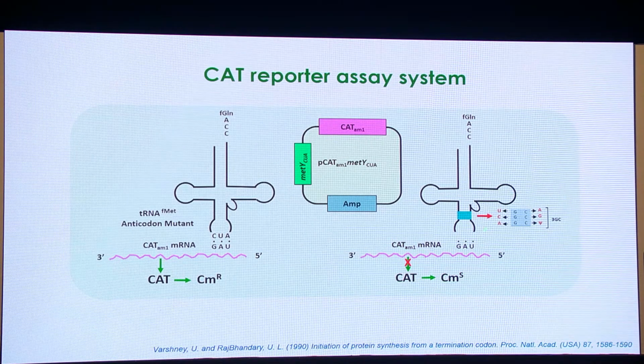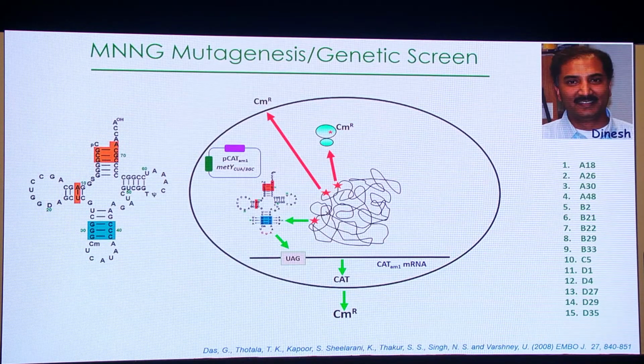We used the same assay system, and here, the CUA anticodon is there. The tRNA is aminoacylated well, formylated well, but it does not translate the reporter mRNA, and therefore the cells are chloramphenicol sensitive.